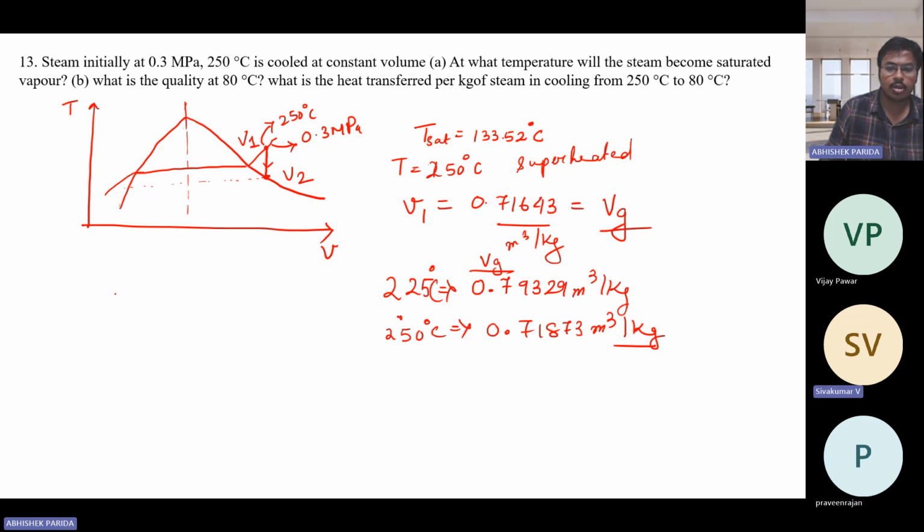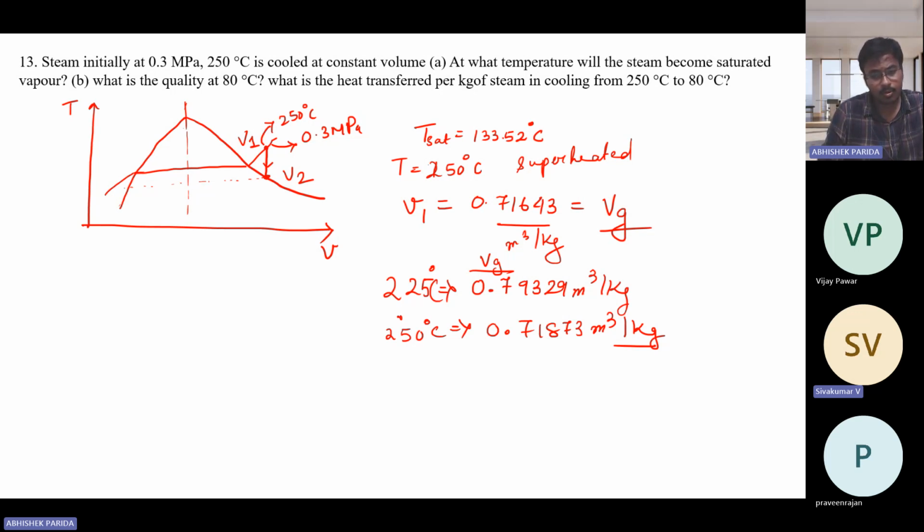So how do you do the interpolation? Sorry, you want to say something? Sir, whether we need to refer to the saturation temperature table, because the initial temperature is 250, superheated. The specific volume we have calculated, that Vg value, is 0.71643 meter cube per kg.